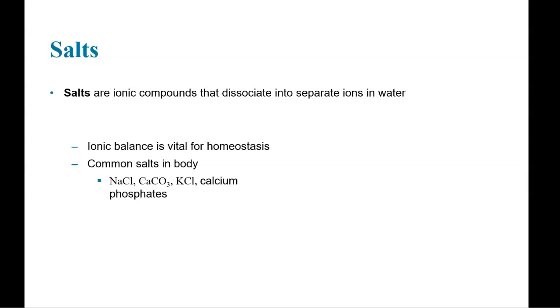Some of the common salts that are found are sodium chloride, calcium carbonate, potassium chloride, and calcium phosphates. A lot of these are important for things like nerve impulse transmission and also muscle contraction. Like calcium and sodium, they open a lot of those channels that allow for things like muscle contraction.